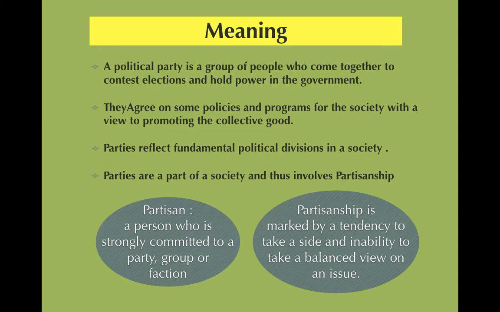Okay, so that is why there is a tendency to take a side. That means he supports only his own party. And because of that, he cannot take a balanced view, a right judgment, a fair judgment on any issue. Okay, so because of parties, there is also partisanship in society. This happens because different political parties have different policies and different programs.